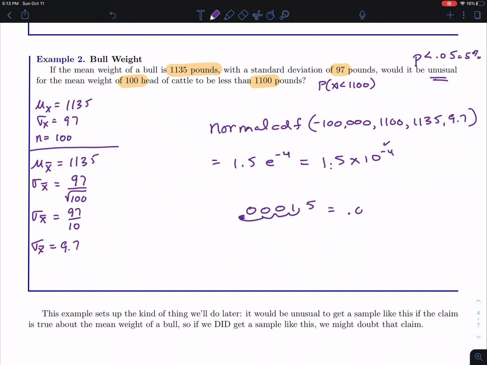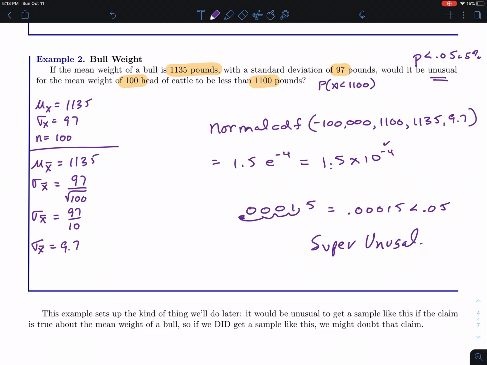So it looks like 0.00015 would be the probability that if you took 100 head of cattle, took their sample mean, it would actually be 1,100 pounds. So this is way less than 0.05. So this is super unusual. What that means is one of two things had to happen.